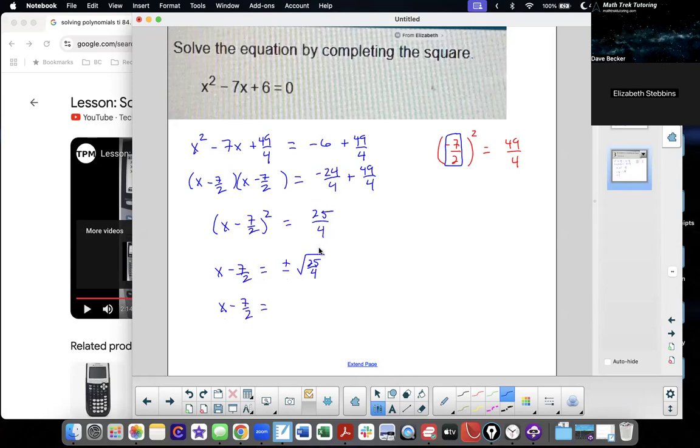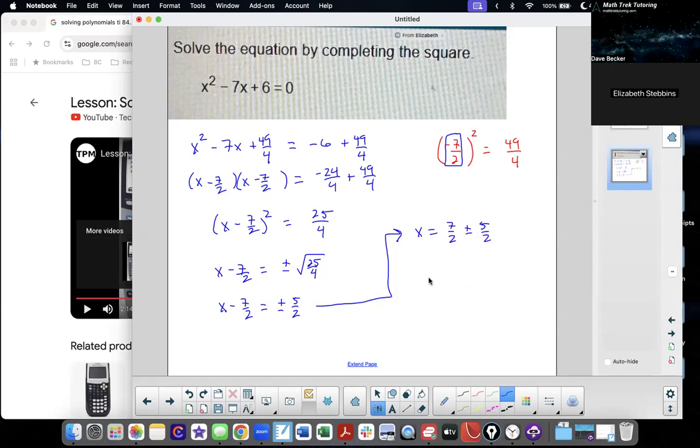And we solve. Square root of 25 over 4: square root of 25 is 5, square root of 4 is 2. Then we add 7/2 to both sides.